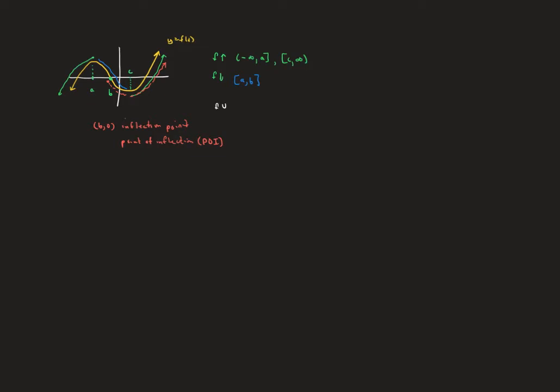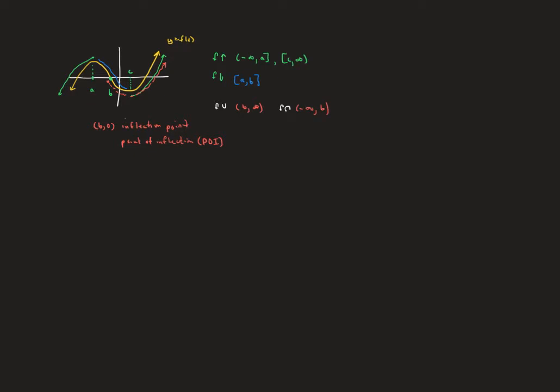Now back to the concavity issue. While we include the endpoints on increasing, decreasing, if the function is defined there, we will never include endpoints on intervals where the function is concave up or concave down. So it will be concave up on the open interval from b to infinity, and it will be concave down on the open interval from negative infinity to b.